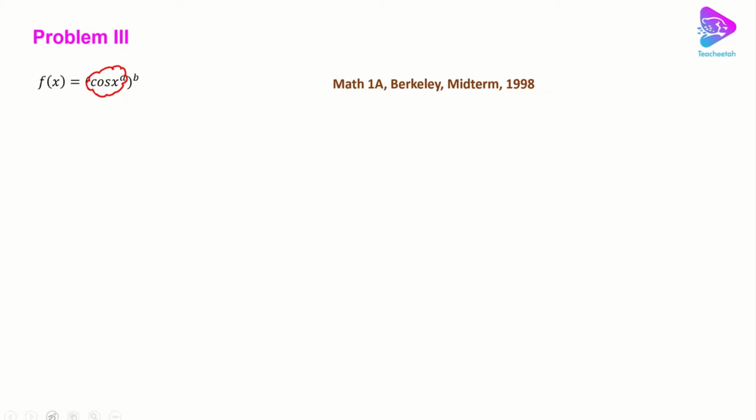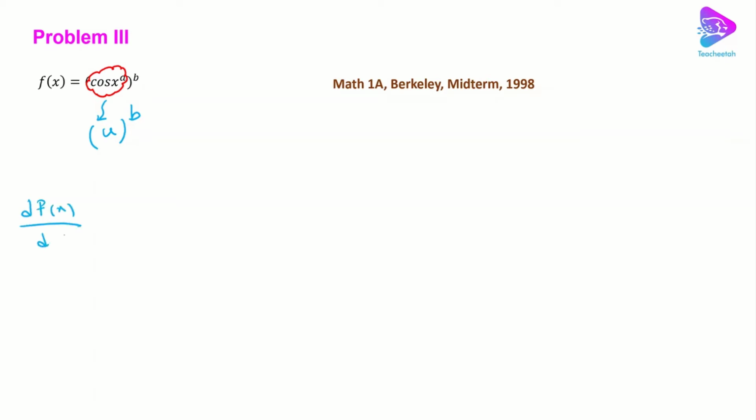So we can assume that this cos x to the power of a is basically u, and it's going to be u to the power of b. The first thing we have to use here is the power rule for the outside function.